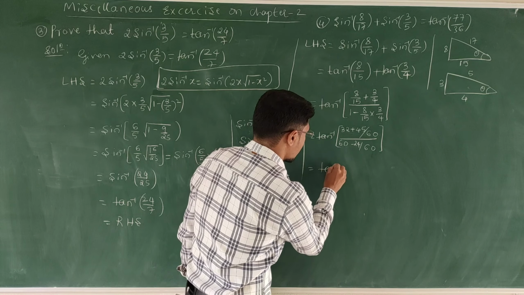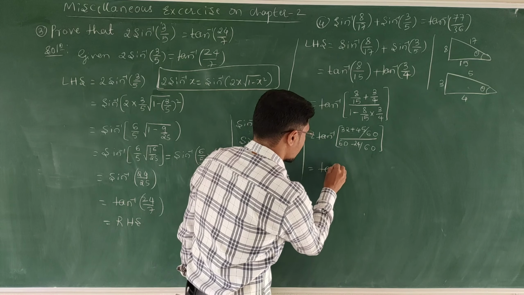Okay, so draw a right angle triangle, theta, cos is adjacent divided by hypotenuse, 12 by 13. So the remaining triplet for this is 5. Then we can write sin inverse, sin is opposite by hypotenuse, 5 divided by 13.